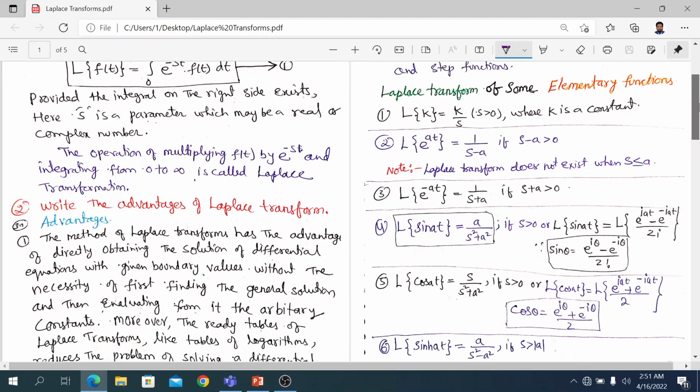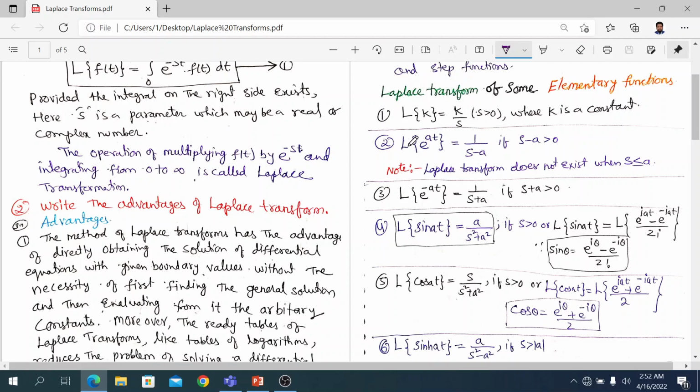Now let us see Laplace transform of some elementary functions, that is, formulas. Laplace of k, a constant: Laplace of k is equal to k by s, where s is greater than 0 and k is a constant. For example, Laplace of 5 is 5 by s.